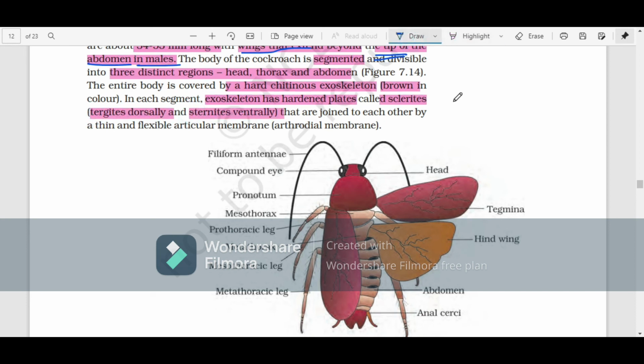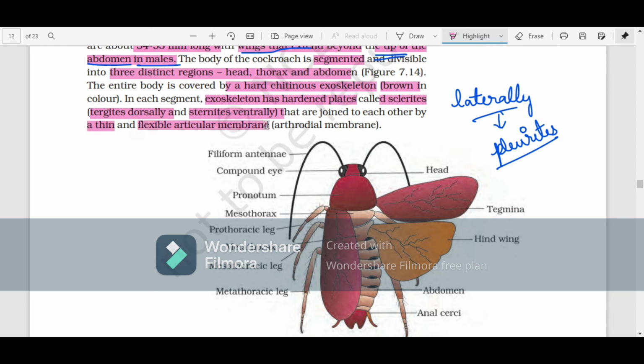Laterally they are called pleurites. These make the cockroach flexible because they are thin. There is a thin and flexible articular membrane called the arthrodial membrane.